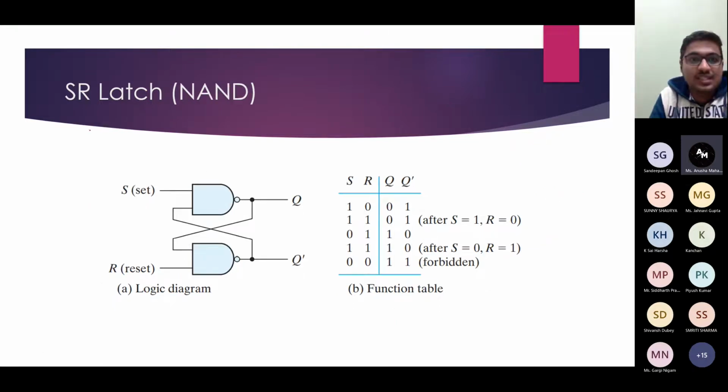Now, this is another SR latch, that is NAND. It is made up of two cross-coupled NAND gates. Now again, if you consider this input as 0, and 1, wait a minute, let me write the truth table of the NAND gate.